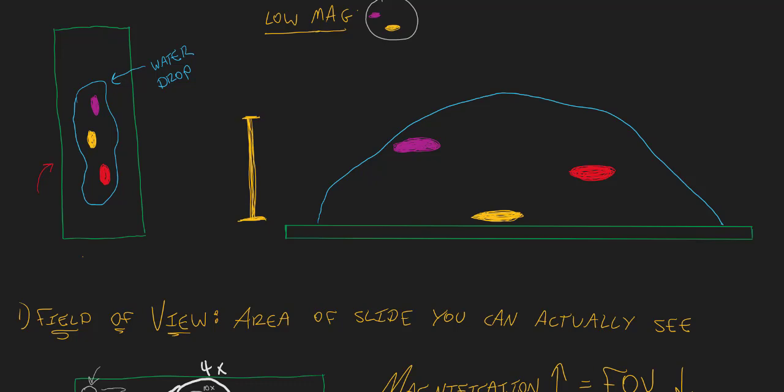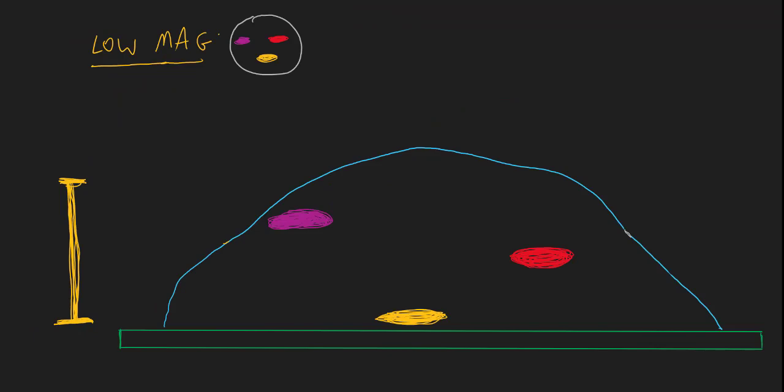So at this low magnification, our depth of field is great. Everything is in focus. Things that are shallow, things that are deep, everything's in focus at low magnification. And our field of view is very big. So we're seeing a large proportion of the slide. At this level of magnification, everything between these two yellow lines is in focus, right?